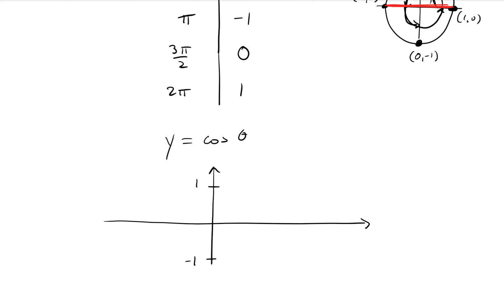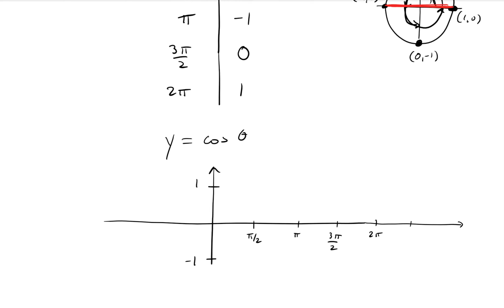So for our cosine curve, here are some pretty important angles. I'll just write down pi over 2, pi, 3 pi over 2, and let's extend this line. This would be 2 pi, and it would keep on going afterwards, by the way.